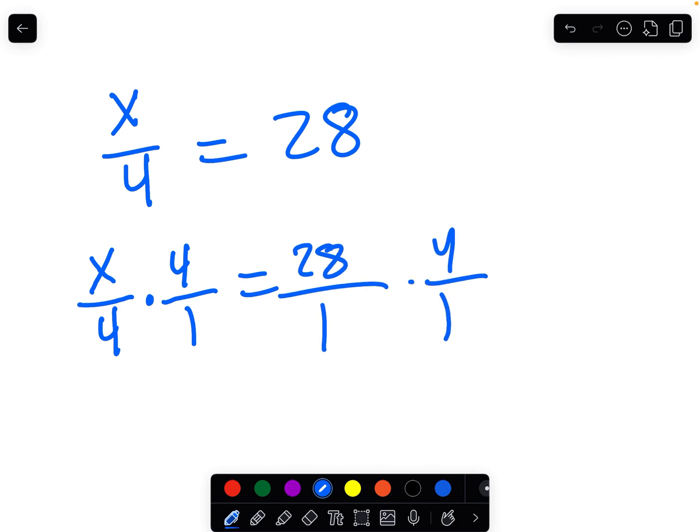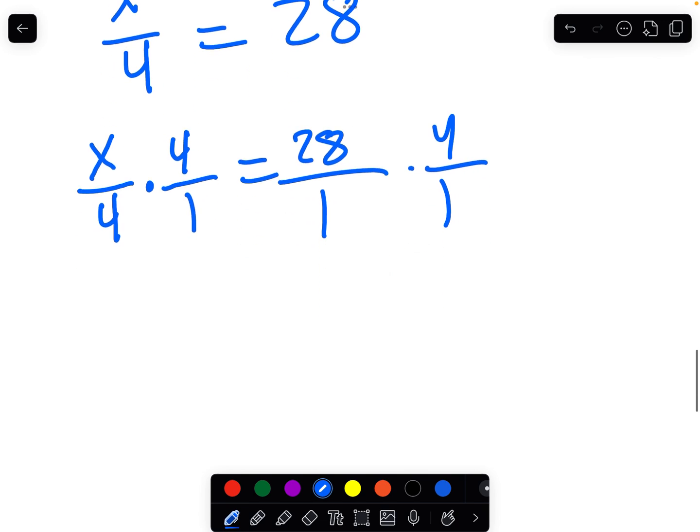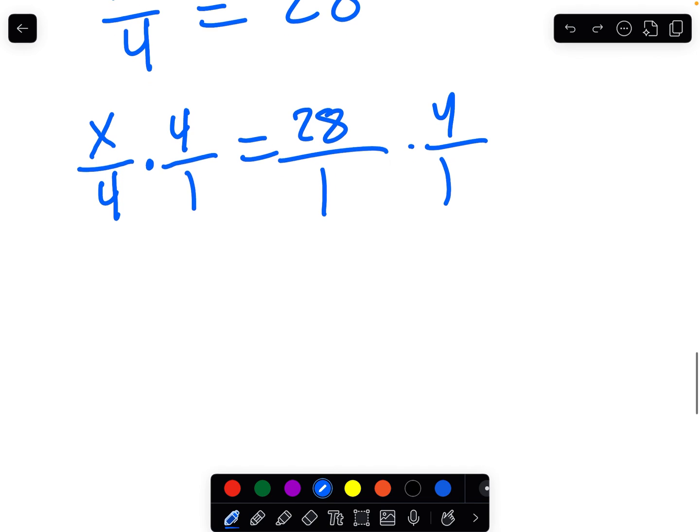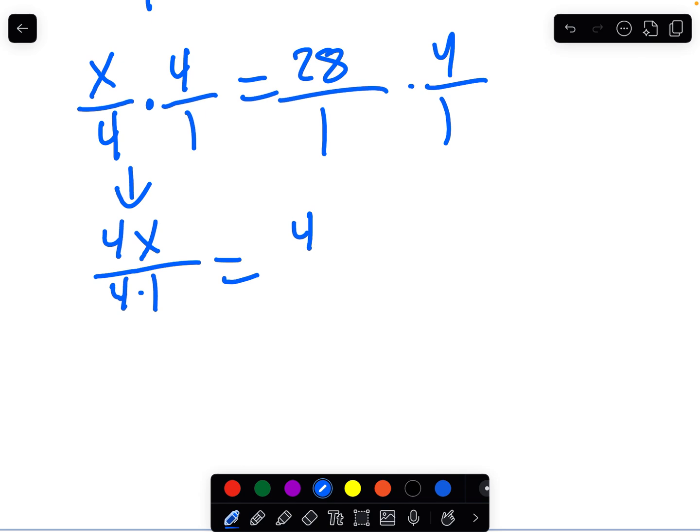It's 4 over 1. I suppose I didn't really need to do it that way, but I want to make it clear. And now, remember, because of the commutative property of multiplication, which means you can switch numbers around that are being multiplied next to each other, what this means is we have x over 4 times 4 over 1, which can be rewritten as 4x over 4 times 1, which is the same as 4x over 4, because 4 times 1 is 4.